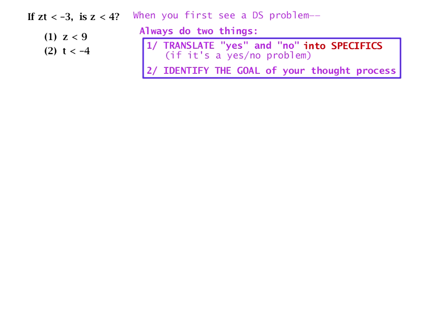So let's do a little bit of translating here. The question is, is z greater than 4, or is z less than 4? So translate. What does a yes mean to this question? Yes means that z is what? Z is less than 4, sure.